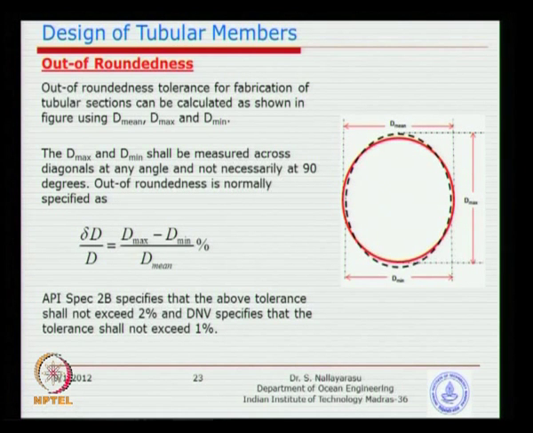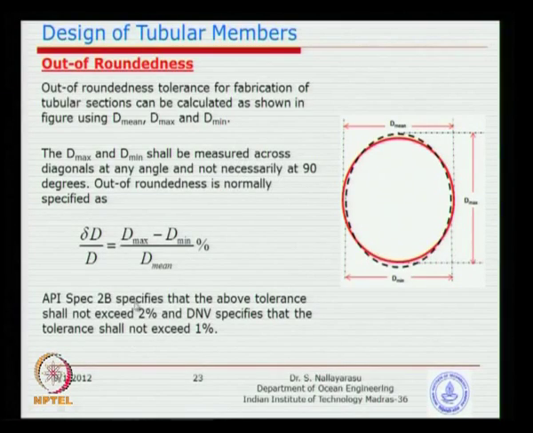The deviation is defined as the change in diameter over the original nominal diameter, which can be calculated from D max and D min. It looks exactly like an ellipse on this screen. Then you look at the nominal diameter and calculate this ratio. Expressed as a percentage, you can go for 2% deviation in API and 1% deviation in DNV.